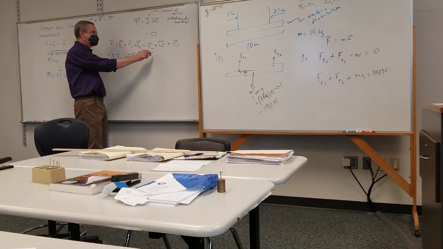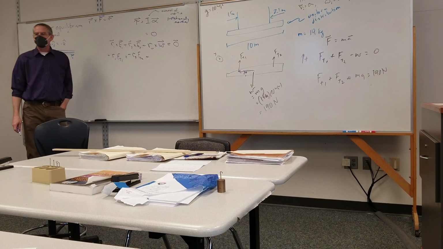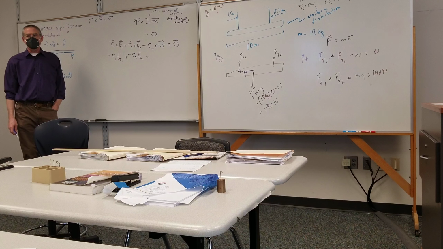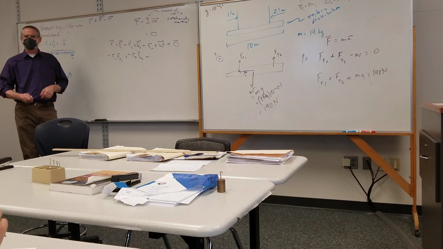Plus the weight. Which way is the weight trying to spin it? Straight down. What does spinning it straight down mean? Would it be zero? Is it trying to spin?